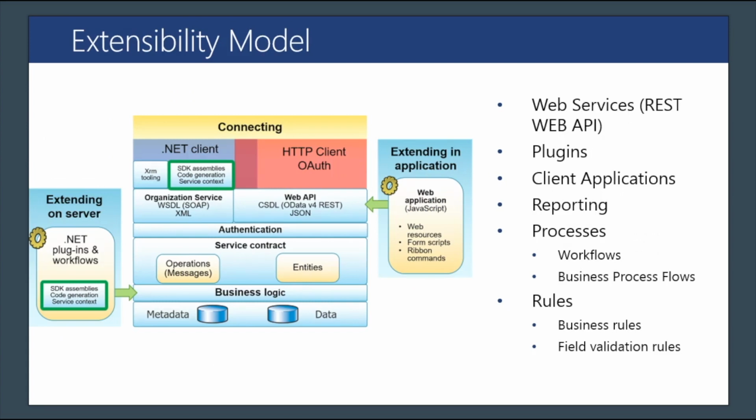one of the things that we talk about is extensibility and what can be modified and how it can be modified. There are several different ways in which you can extend functionality within Dynamics 365. So, for example, on the server itself, encapsulated within your instance, you can create what we call plugins.